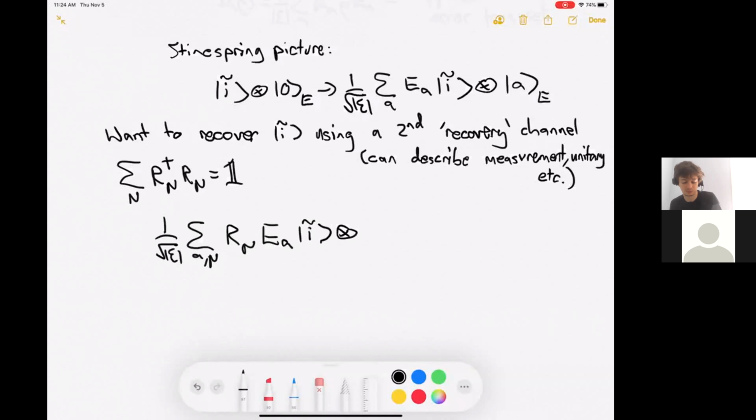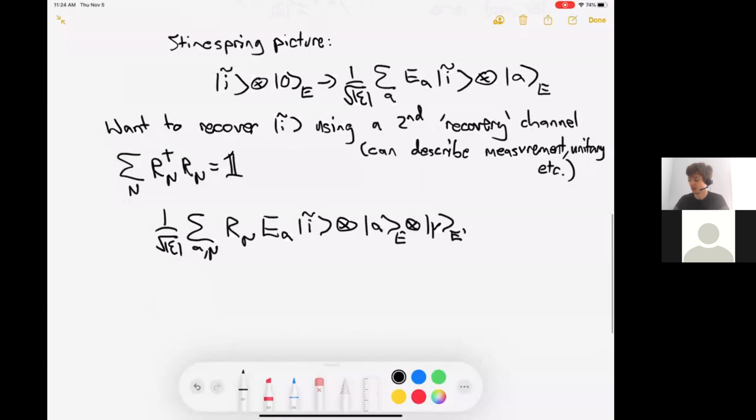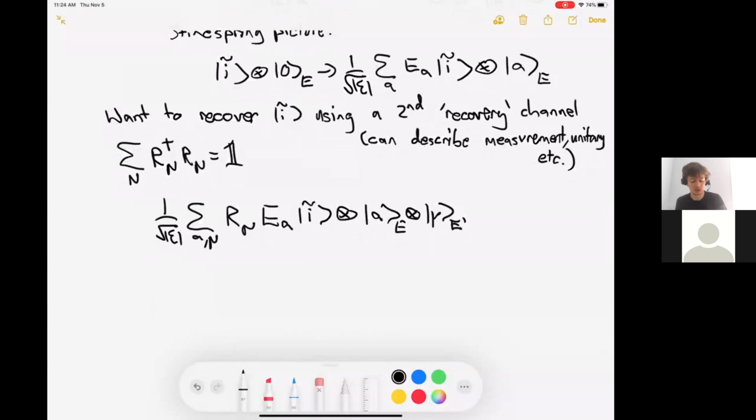We have A from the environment from our error process, and then this recovery channel has its own environment, which we'll call E prime, in state mu, where mu is again just an orthonormal basis for the environment.